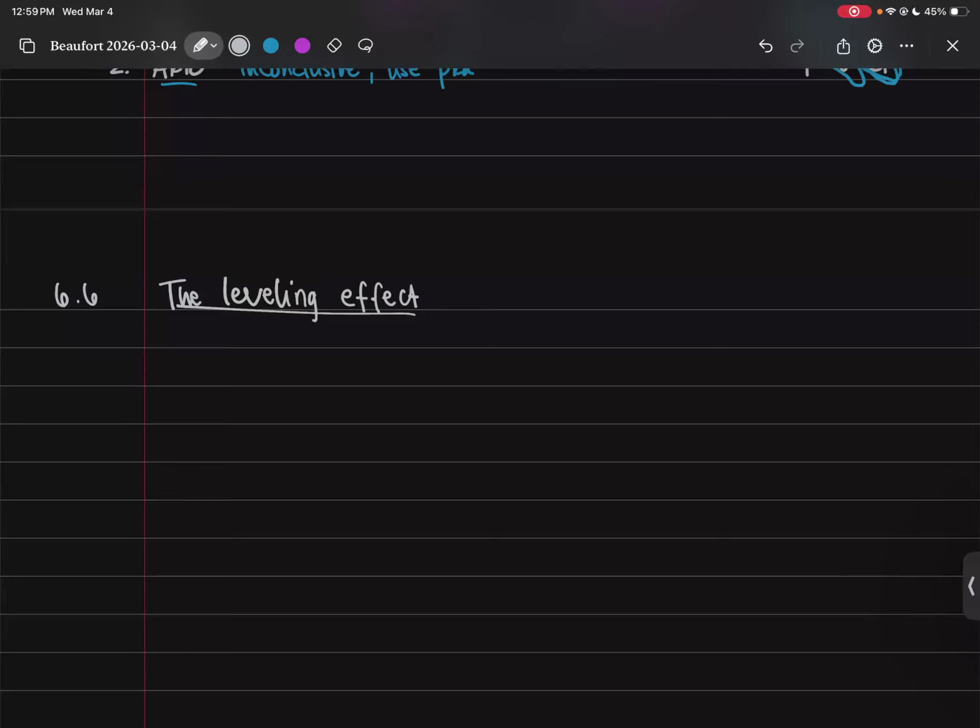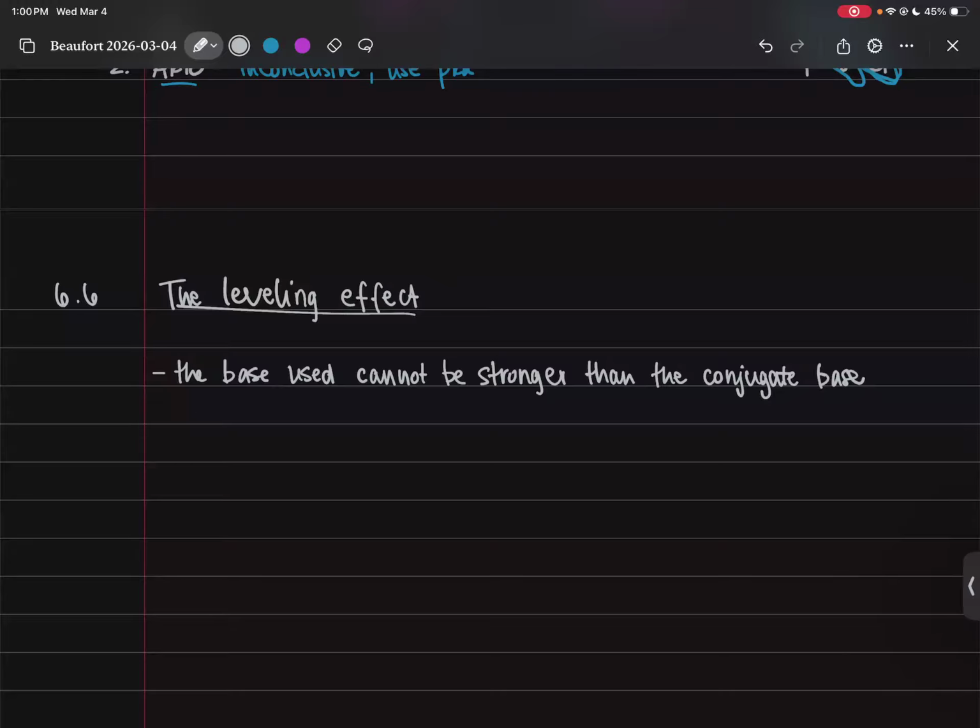But the leveling effect says that the base that we choose cannot be a stronger base than the conjugate base of the salt.